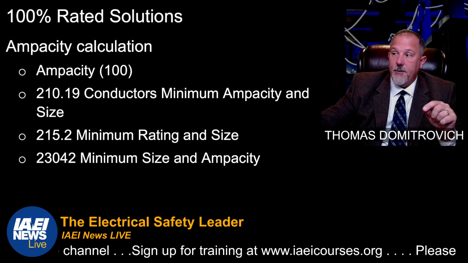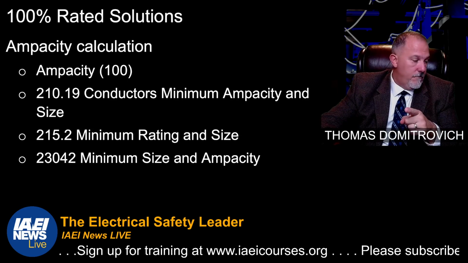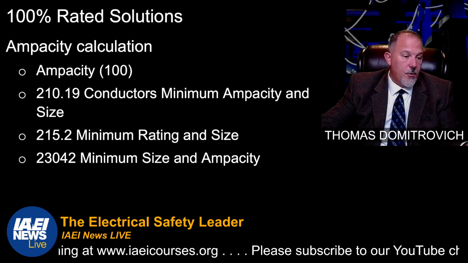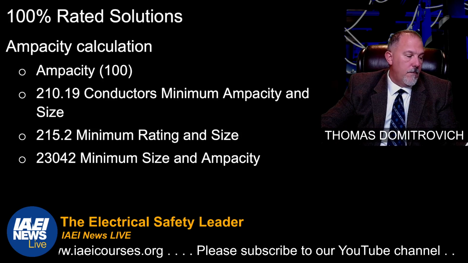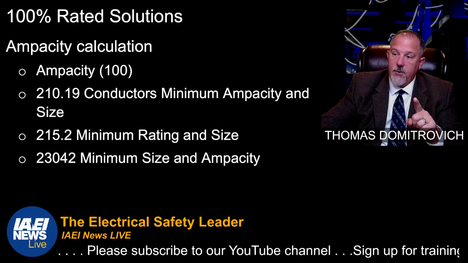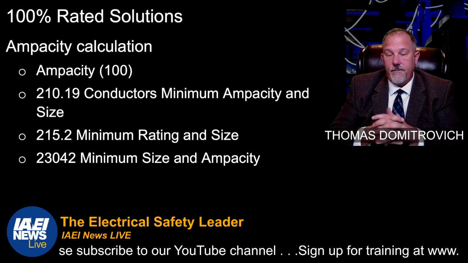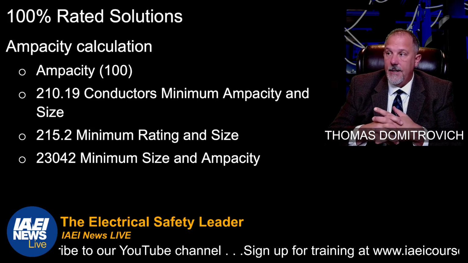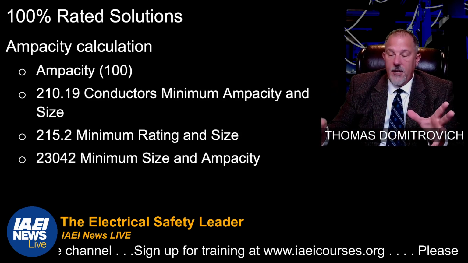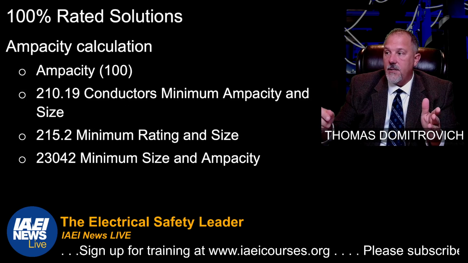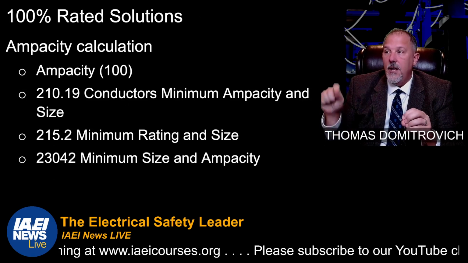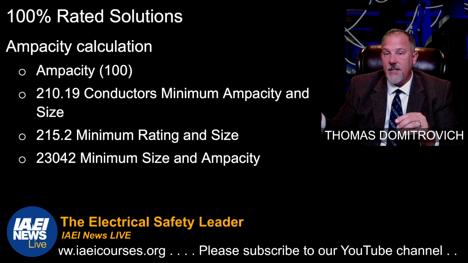Now, after you're done with this, then you're going to go to 210.20, and what 210.20 tells you, that's the very next section in 210, where a branch circuit supplies continuous loads or any combination of continuous and non-continuous, the rating of the overcurrent device shall not be less than the non-continuous load plus 125% of the continuous load.